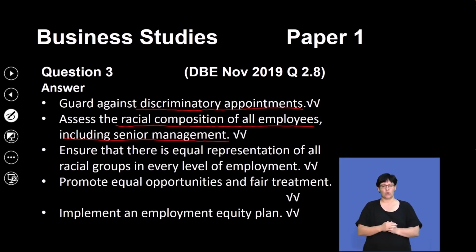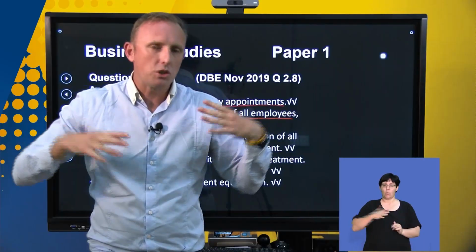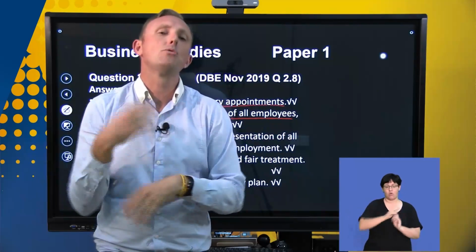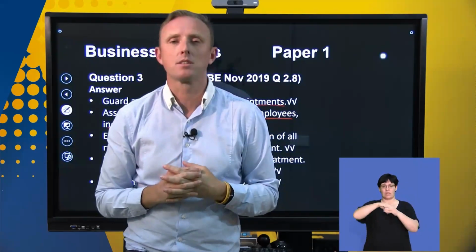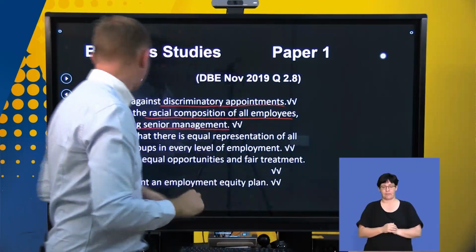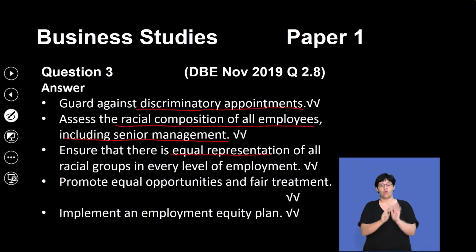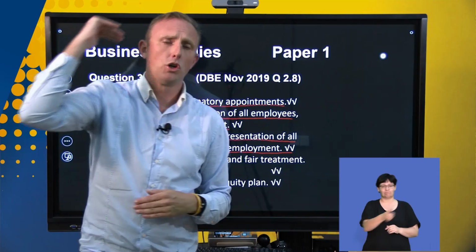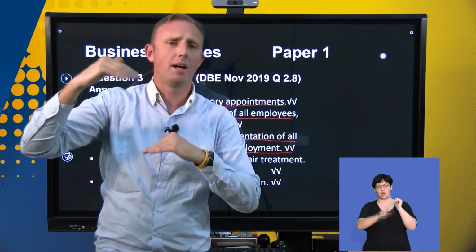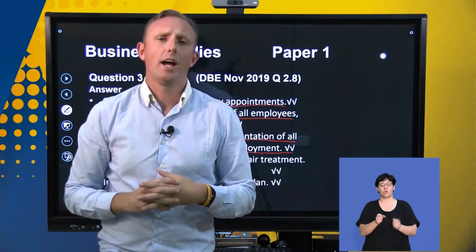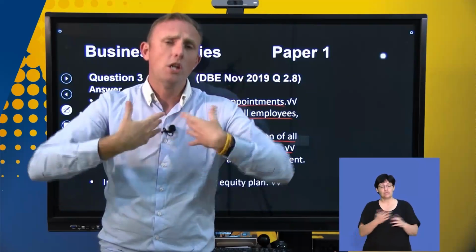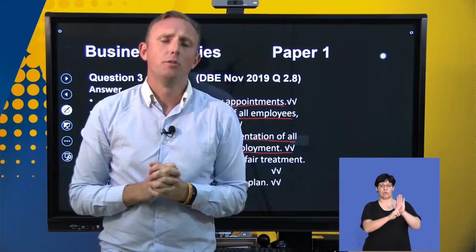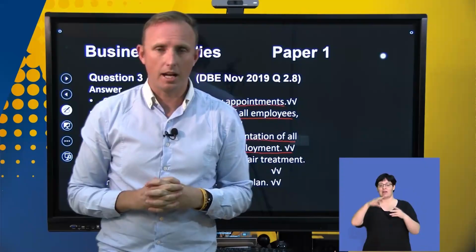The Employment Equity Act wants to create a workforce that is representative of the demographics of the country. We have to ensure that there's equal representation of all racial groups at every level of employment. So if you look at your top, middle, and lower level management, as well as your actual employees, it has to be representative of the demographics of the country.